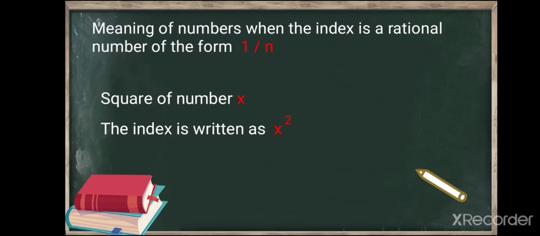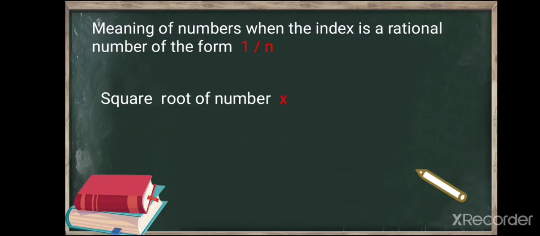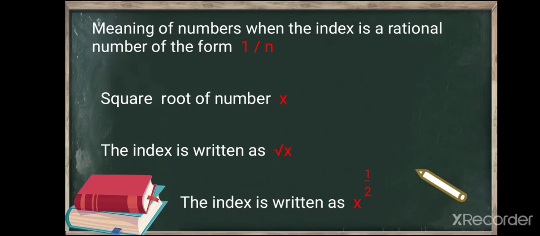Let's study its exactly opposite action, that is square root. So let us find out the square root of number x. We can write this statement by using this radical sign. Otherwise we can also express it in one more method, that is x raised to 1 upon 2. This 1 upon 2 is exactly the opposite action to the square.